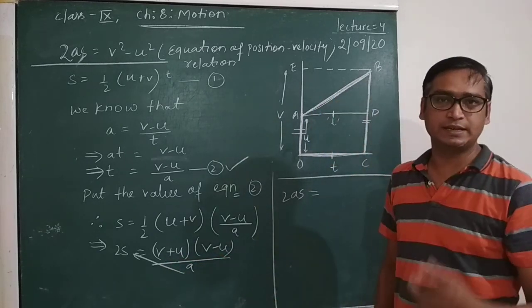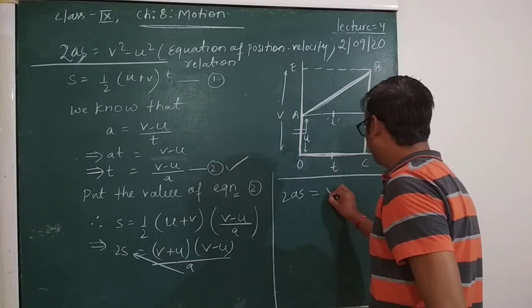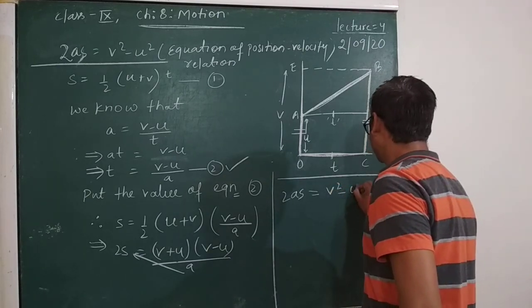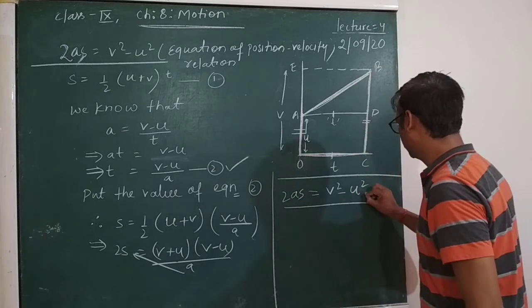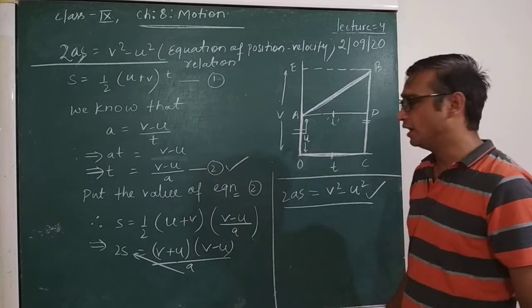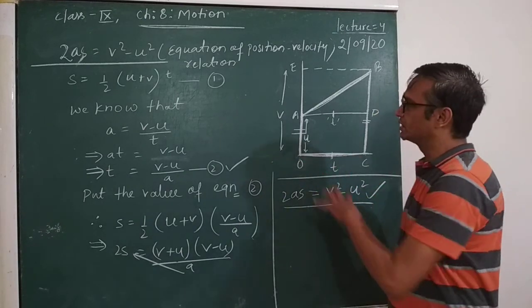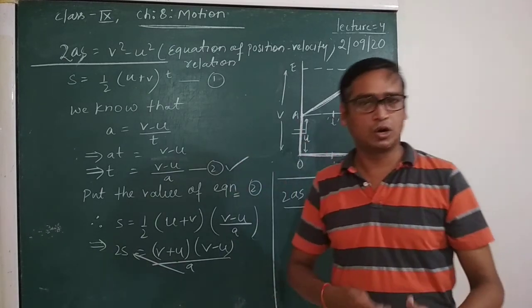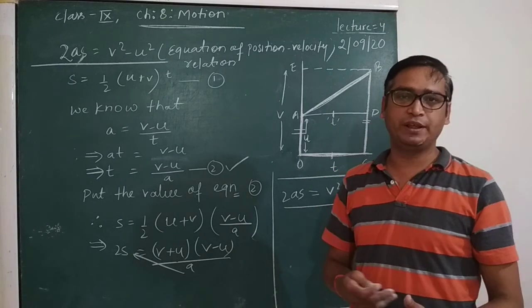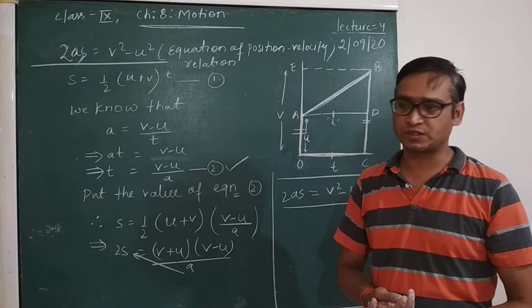Once it is in the form a plus b, a minus b, you know the formula, so it is v square minus u square. So here we got the formula, or we derived the formula. This is the most important formula. On the basis of this formula there are a lot of questions and numericals asked in your chapters as well as in your exams.